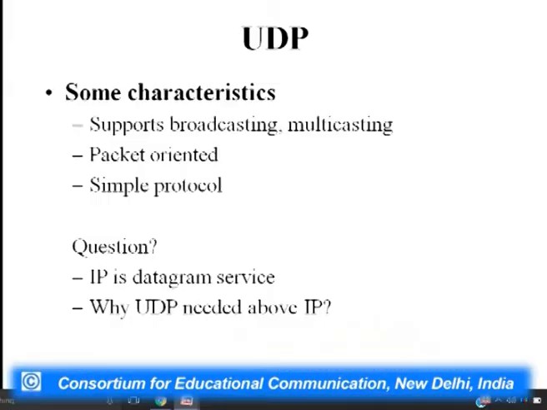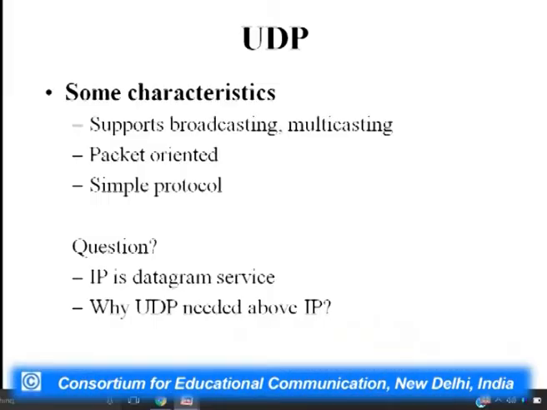It is delivering from one IP address to another IP address. The IP address of host 1 is the source address, and the IP address of host 2 is the destination address. That means it has delivered this datagram from this host to the other host. Now, how do you determine from which process on host 1 it is coming and to which process on host 2 it is to be delivered?